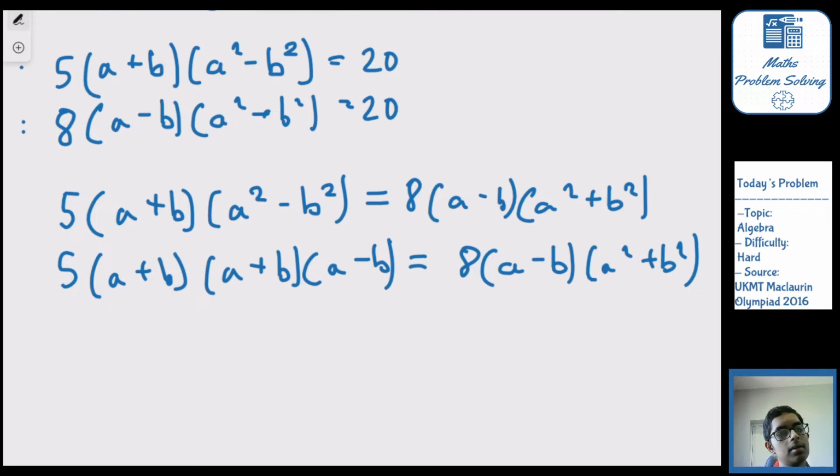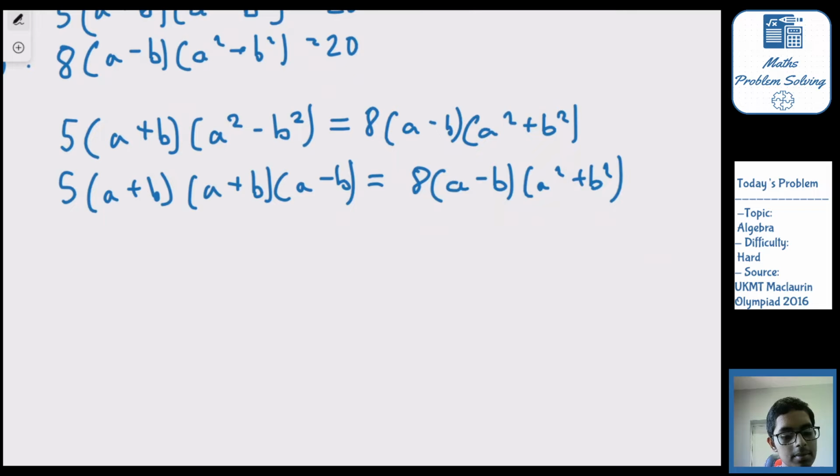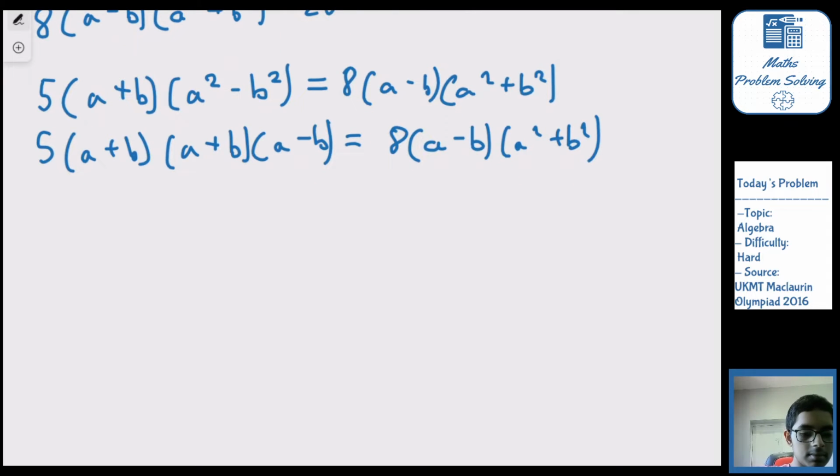Okay, so now there are many a and b terms, but we can start simplifying. This a minus b and this a minus b, we can remove from both sides. So let's divide everything by the term a minus b. We can write this as 5 times a plus b all squared equals 8 times a squared plus b squared.